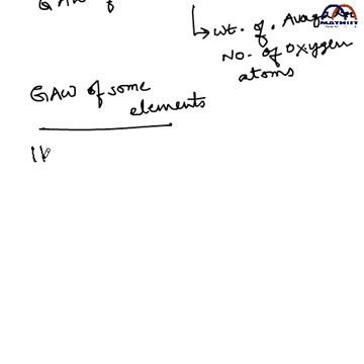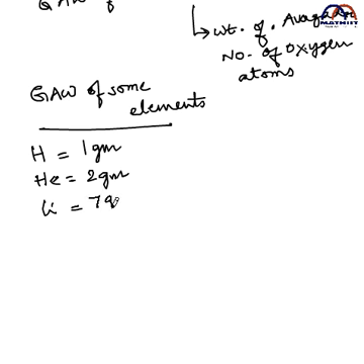Suppose you take hydrogen, then this is 1 gram, then helium, it is 2 grams, then lithium 7 grams, chlorine 35.5 grams.